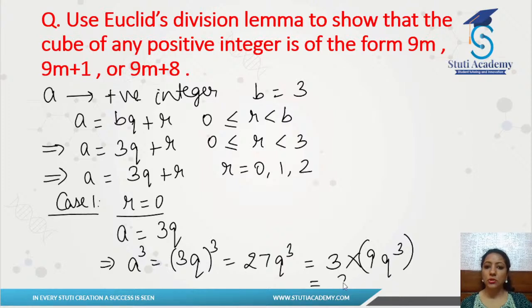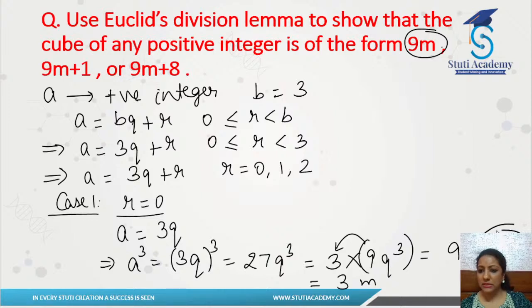So this is 3m. Also, we can write this as 9m also. Since we have to write it as 9m, I'm just interchanging these two. I'll write here 9 times 3q cube. So I'm going to take this as m. So this is 9m. So this 3m was the thing which we discussed yesterday. I'm taking 9m because that is what is asked in the question.